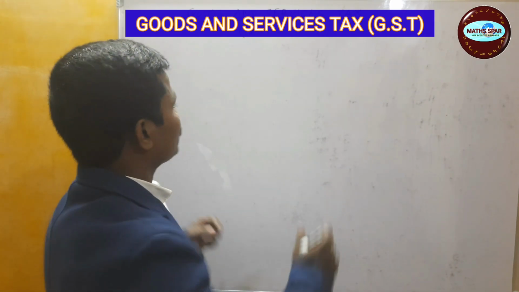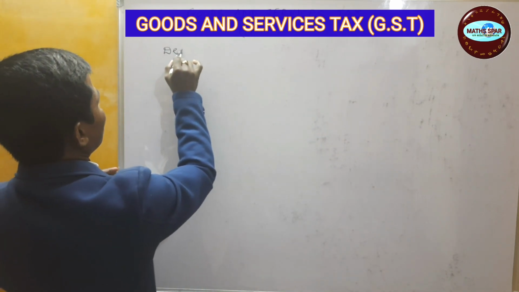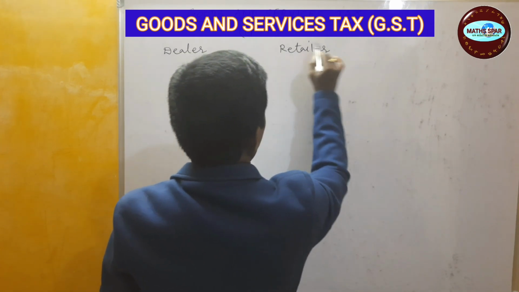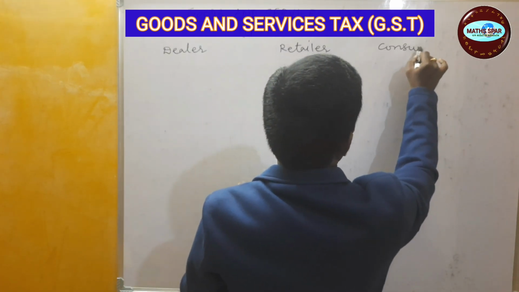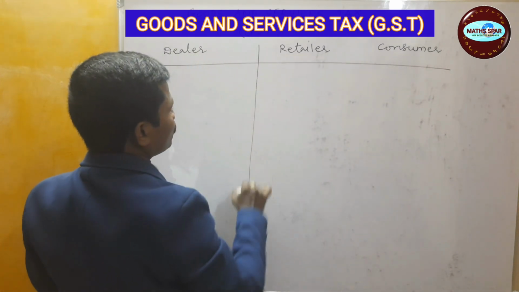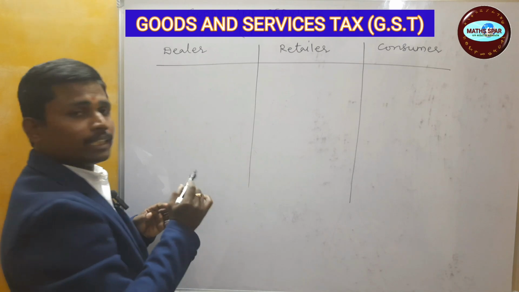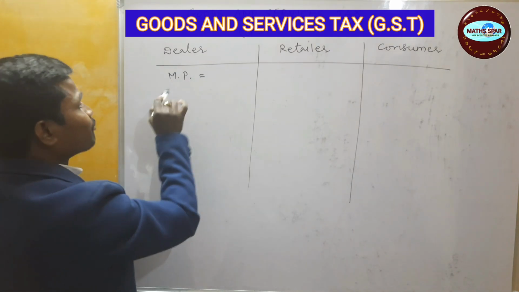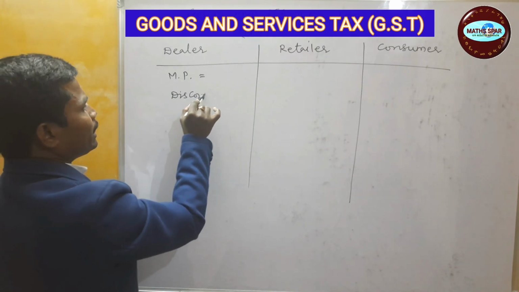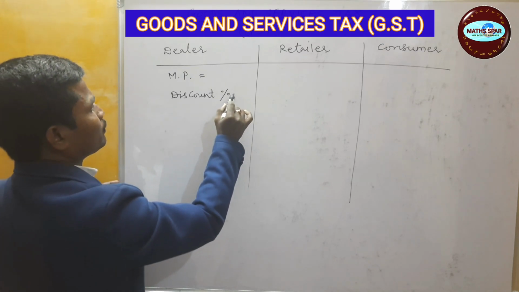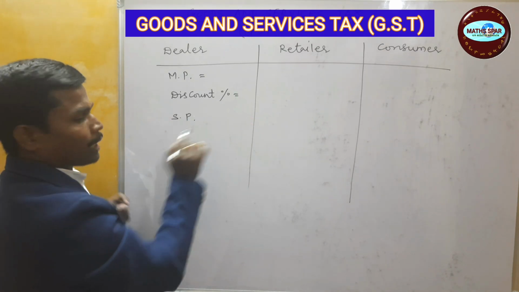If there are 3 persons involved in a question, say for example, dealer, retailer and consumer. What we get in this is, in dealer, market price will be there. If there is any discount, maybe it can be percentage or amount, then you will find selling price.